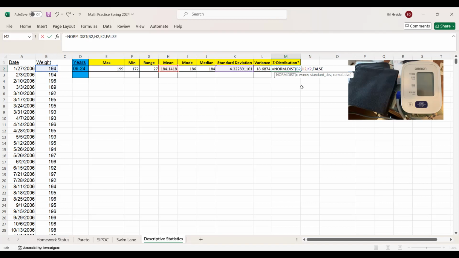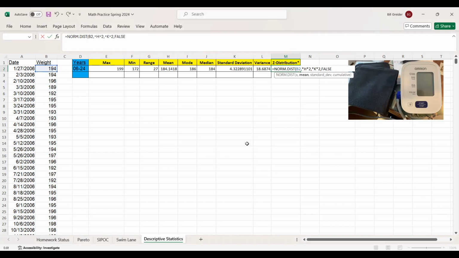That's all the asterisk does. It locks in grabbing the information from H2, which is the median, and K2, which is the standard deviation. So I'm going to pop in a couple asterisks on each side of those 2 letters. Hit enter.